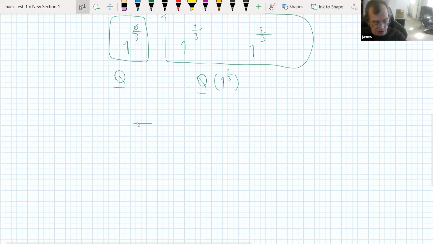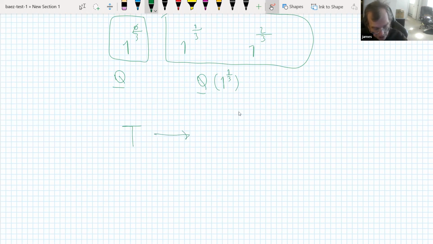Should I just call it T, maybe? So we're interested in models of this syntactic category into the category of rational vector spaces, for example, but we're interested in models in more exotic universes as well.